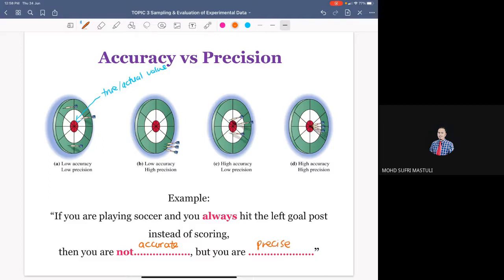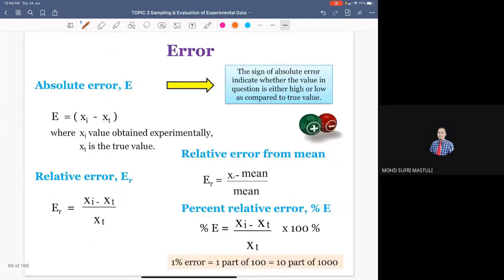Okay, because you are not scoring but always hit the left goal post, this one is precise, but you're not scoring, so it means that you are less accurate. Okay, so now is error. Error is related to accuracy.